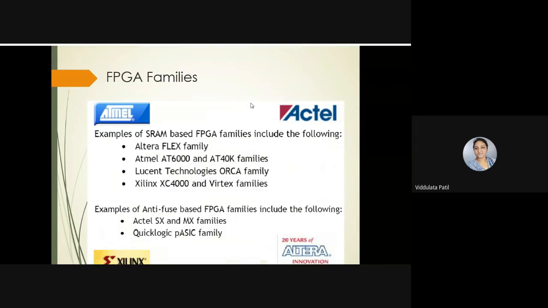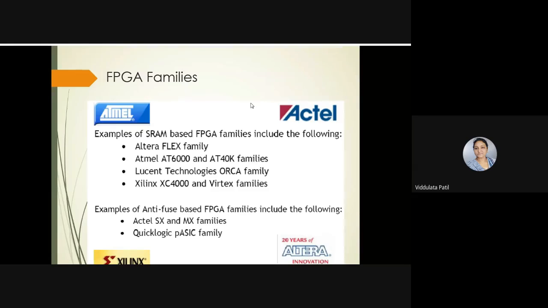Okay, so the FPGA families available in the market depend on the programming technique used. If it is SRAM based, then we have the Altera FLEX family and the Atmel 6000, 40K families. For anti-fuse based FPGA families, there are the Actel ACT and MX families, and the QuickLogic pASIC family.